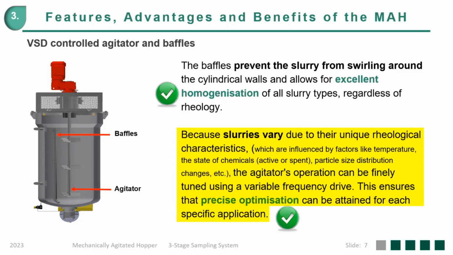Because all slurries vary due to their unique rheology characteristics, the agitator's operation can be finely tuned using a variable frequency drive. This is included to ensure that precise optimization can be attained for specific applications.